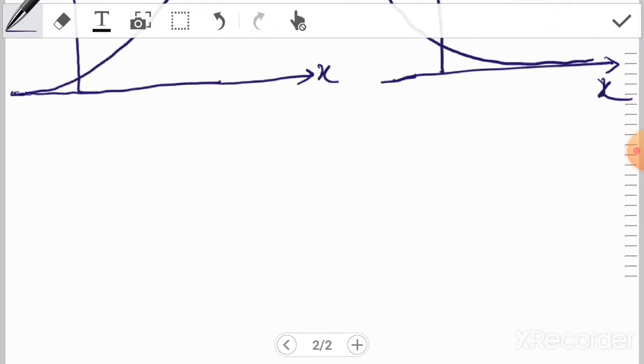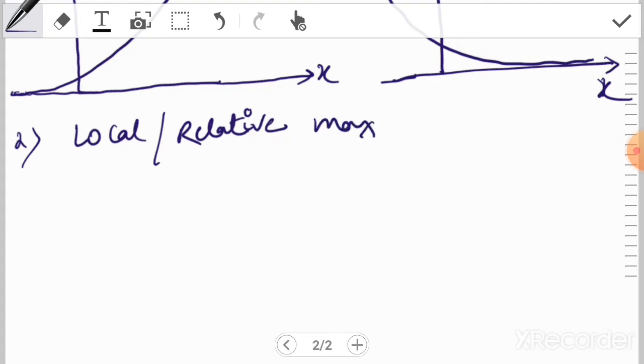So next topic is local maxima and minima, local or relative maxima and minima.